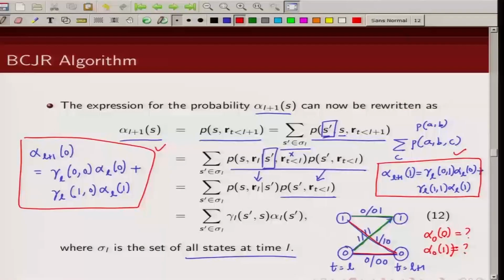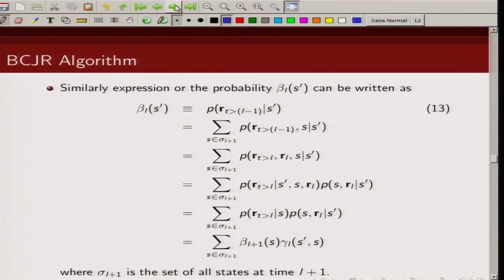If we assume the encoder is in the all 0 state, then we consider this probability as 1 and all other possibilities of it staying in any other state as 0. So, the initial value is alpha 0 at state 0 is 1, and alpha 0 at any other state is 0.